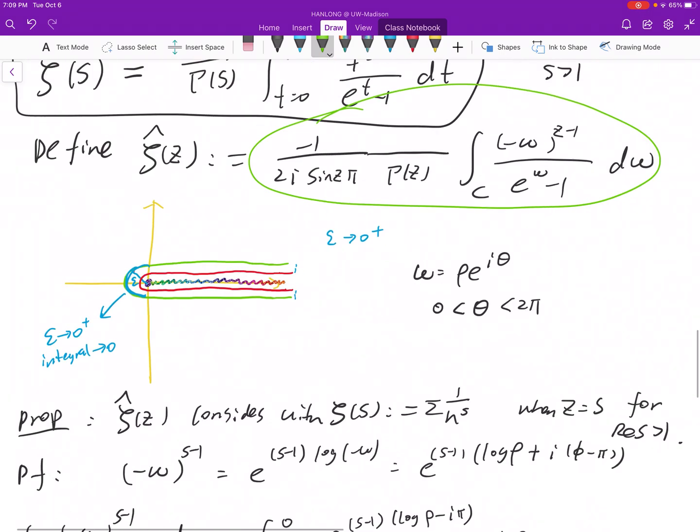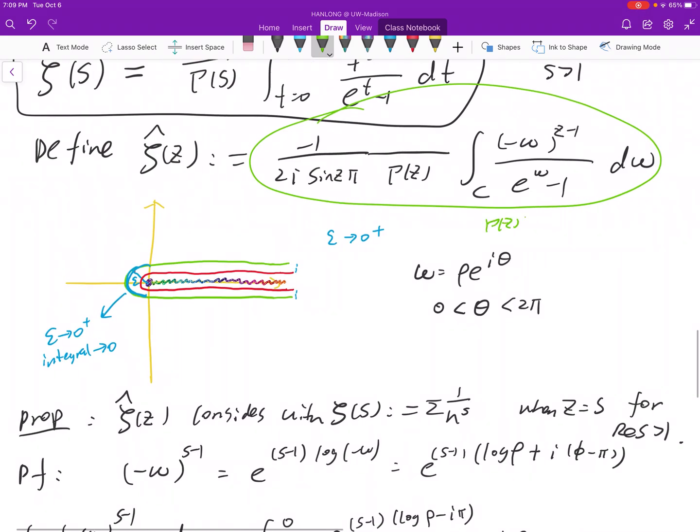Now we try to simplify it a little bit. Notice that gamma z times gamma 1 minus z is pi over sine pi z.